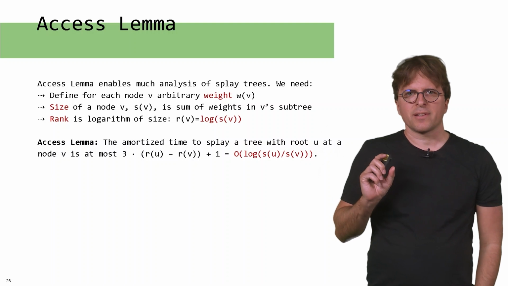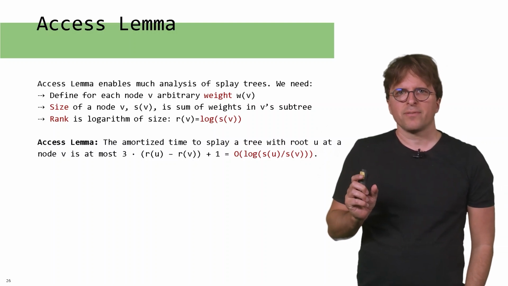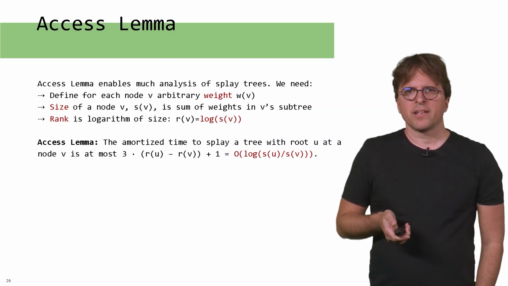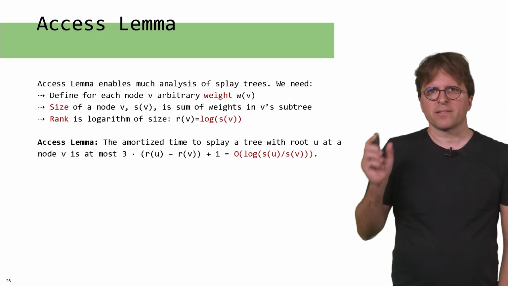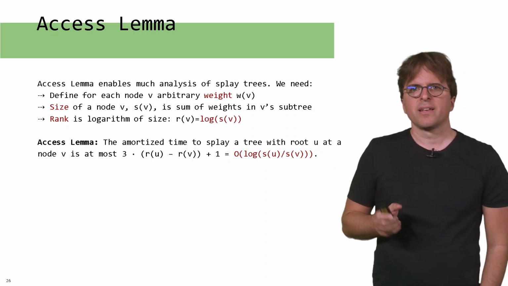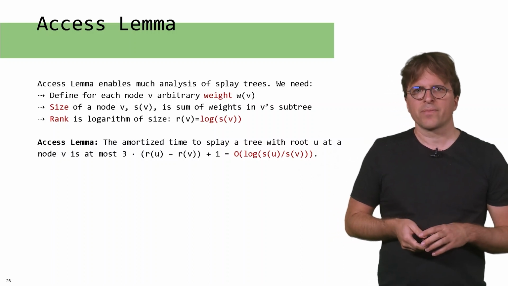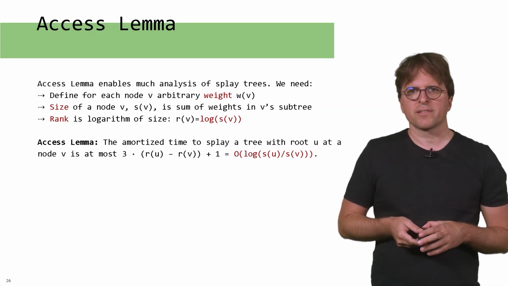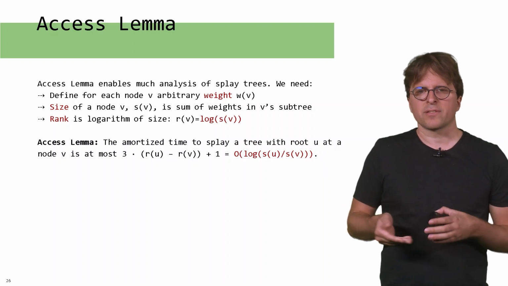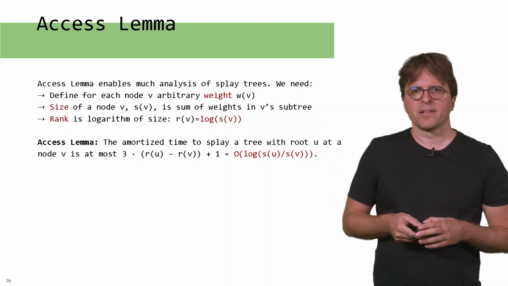And we also define the size of a node v, s(v), that is the sum of all the weights in the subtree of this node v. And then we also define a rank, which is the logarithm of the size. So the rank of v is just the logarithm of s(v).